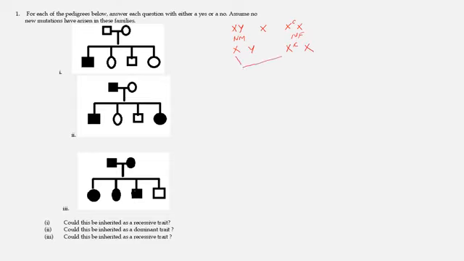It could be like this, X^C X, X X, or next with this, it would be X^C Y, and with this, that would be X Y.